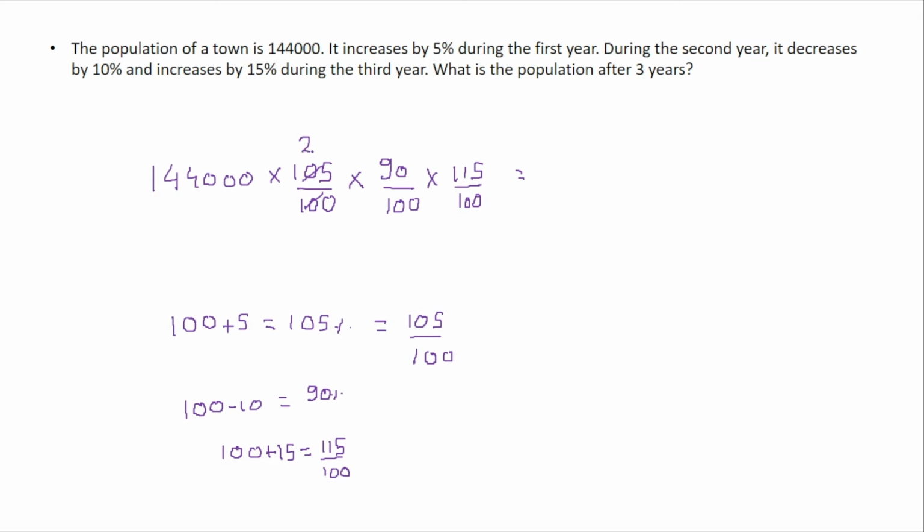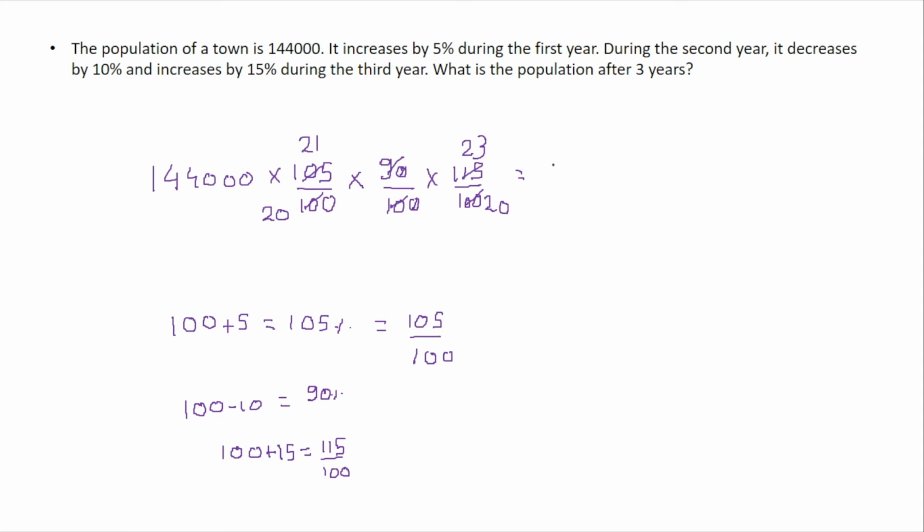So this comes out to be 21, this comes out to be 20 if you divide by 5, right? 5 20s is 100 and 5 21s is 105. After dividing, you can cancel the zeros, so this comes out to be 9 by 10. So keep it as 9 by 10, and after dividing it by 5, this comes out to be 23, this comes out to be 20.